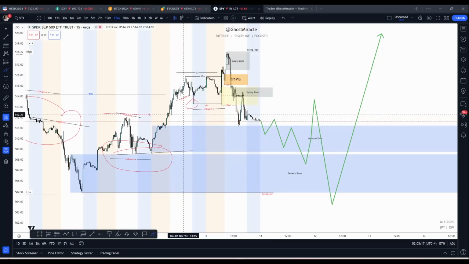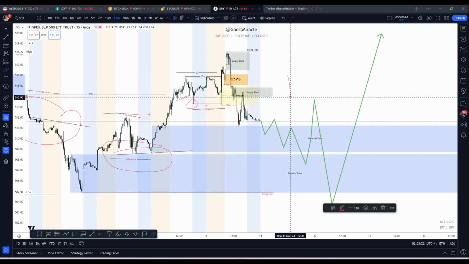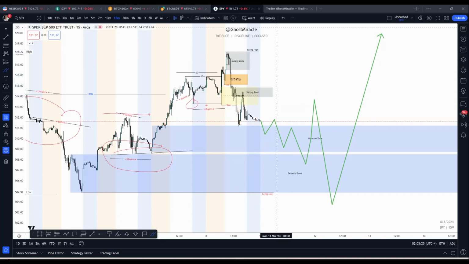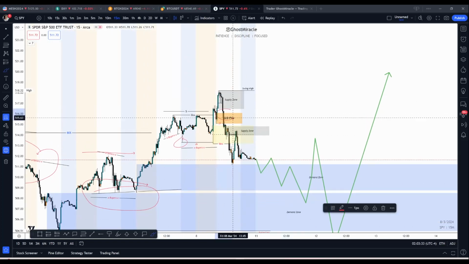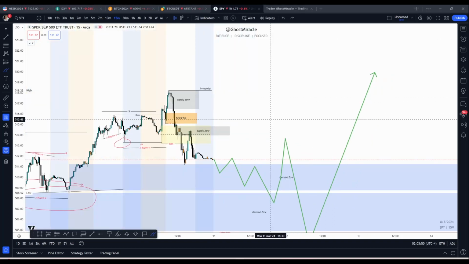Like overall, yes, I would expect, based off M15, come in, tap into my POI, and oh wait, no, I'm sorry. You tap into POI 1, which you did get a reaction off of initially, and then POI 2, you did get a reaction here initially, which gives some kind of confirmation, the initial rejection that you want to see.